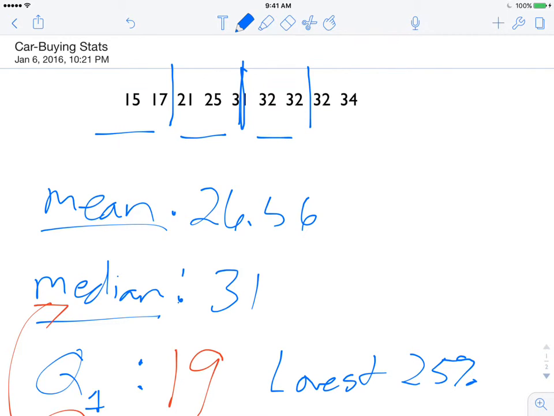This is 50 to 75%, and this is 75 to 100% of the data. The lower, lower middle, upper middle, and upper values in the data. All right, so those are the quartiles.